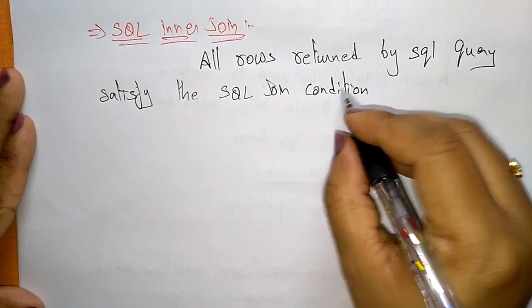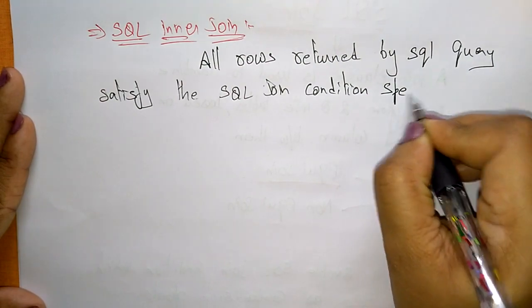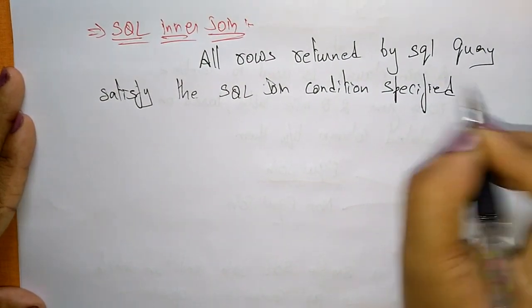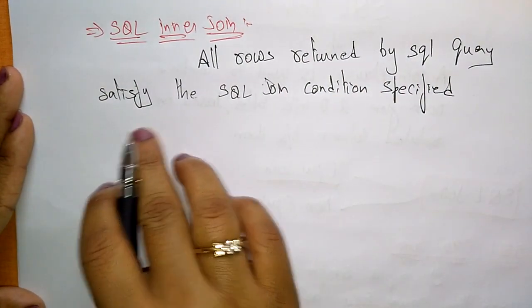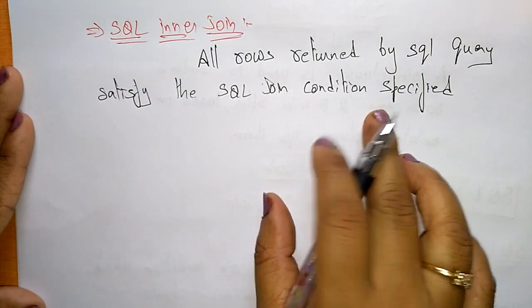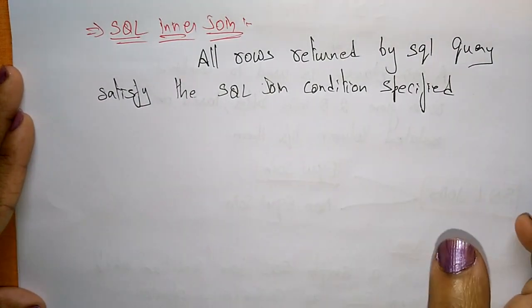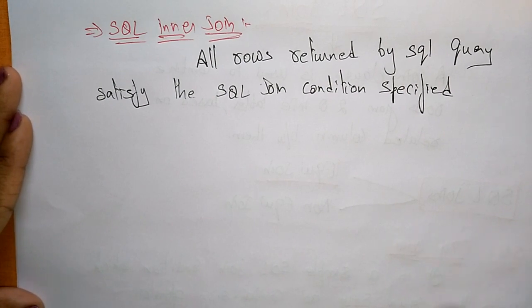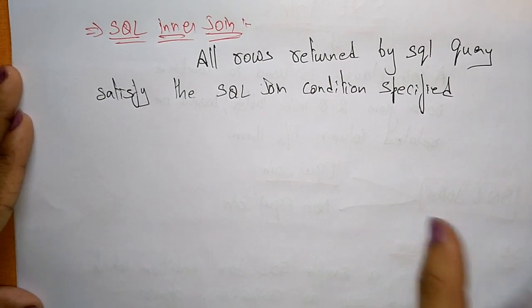That is the SQL inner join. If that condition is specified, those rows will be returned with the help of the SQL query.